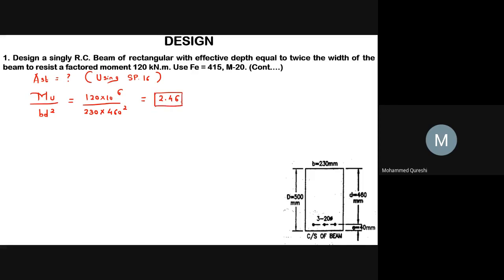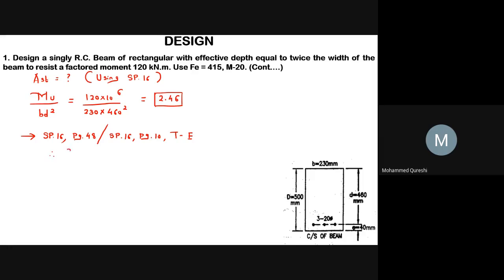Now, using SP16 page 48 or SP16 page 10 table E, you will get the value of Pt limit.